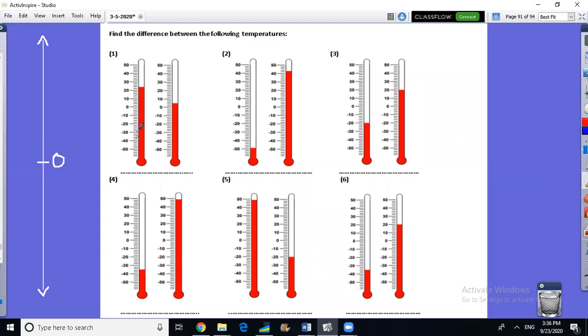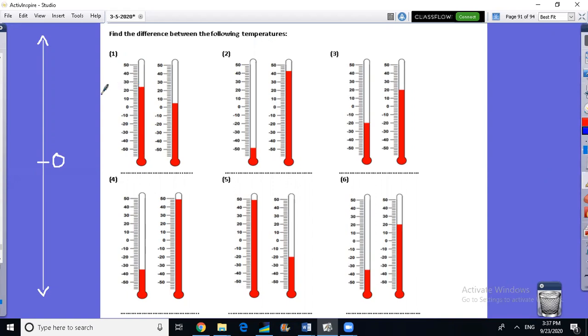All right, let's see this. It says here that this is 20, but it's not exactly 20. It is above 20. It's 2 degrees above 20. So the temperature is exactly 22 degrees.